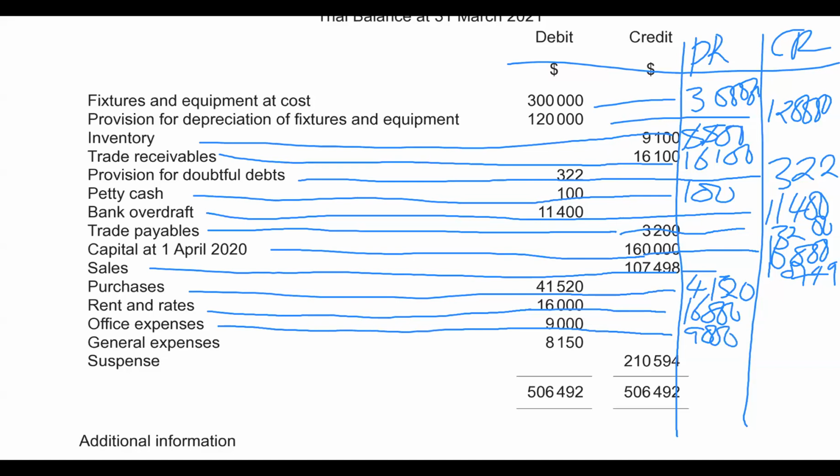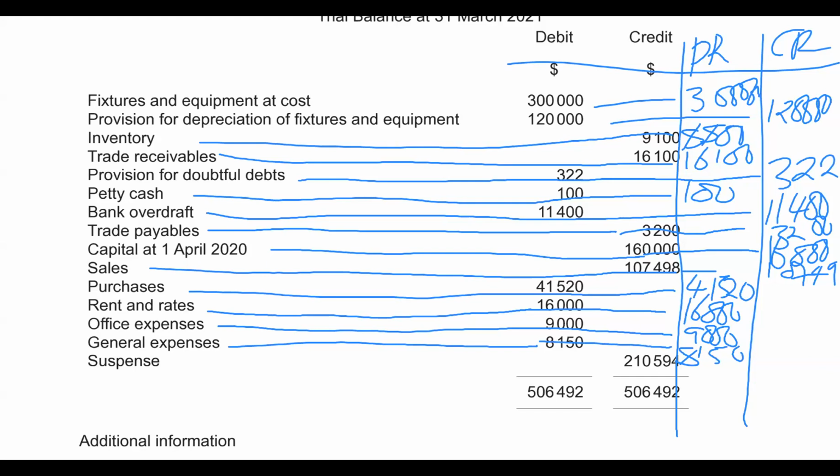Then we have the general expenses. They also have the debit entry. That is 8,150.